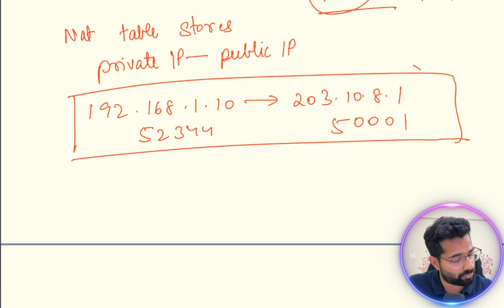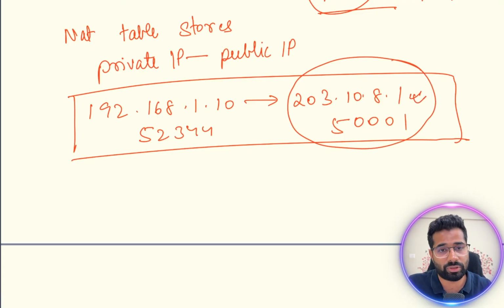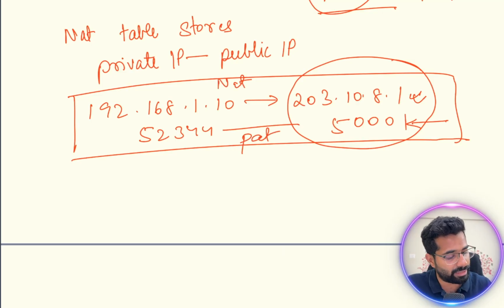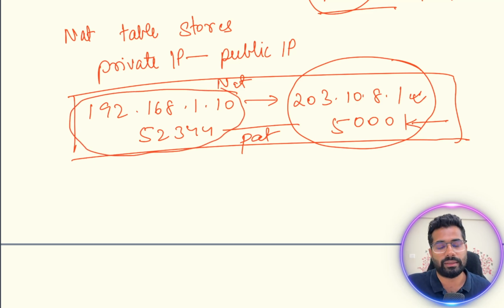The public IP would be common for all the requests, because my public IP is not going to change, but the port would be unique. The port mapping is stored in the PAT table, whereas the IP mapping is stored in the NAT table, and with the help of both of them, it will be able to send the exact response to the requesting device. This is how the whole mapping takes place when the internet is connected to local LANs where multiple devices are connected.